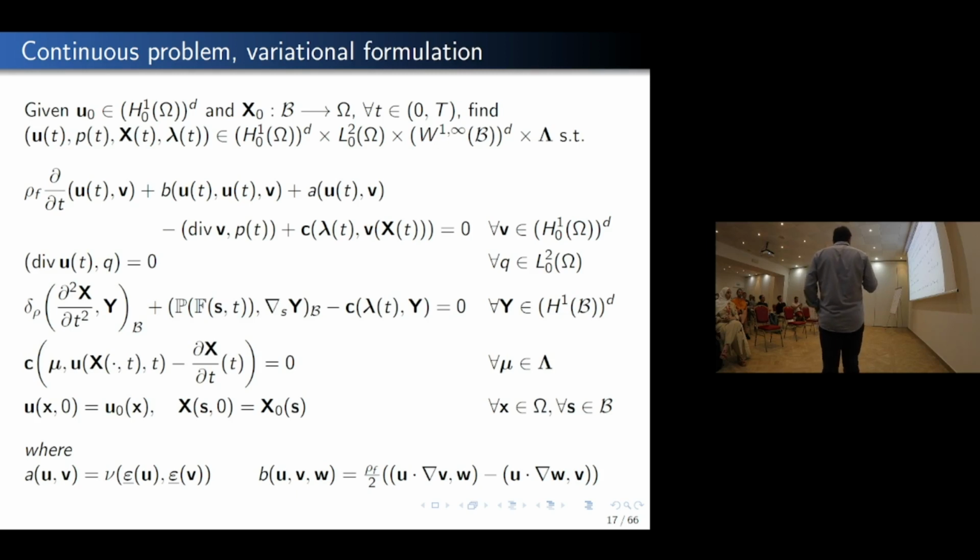The third equation is the equation of the solid we saw before, with in addition a term related to the coupling condition, and then the kinematic condition with the coupling condition, and then initial conditions. And in particular here, A is a scalar product of the symmetric gradient of u and the symmetric gradient of v. B is the Navier trilinear form.